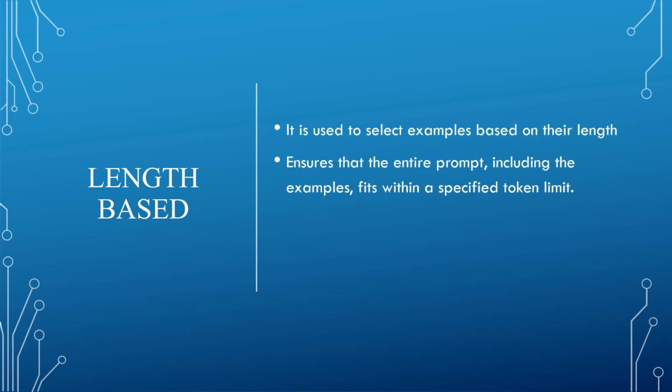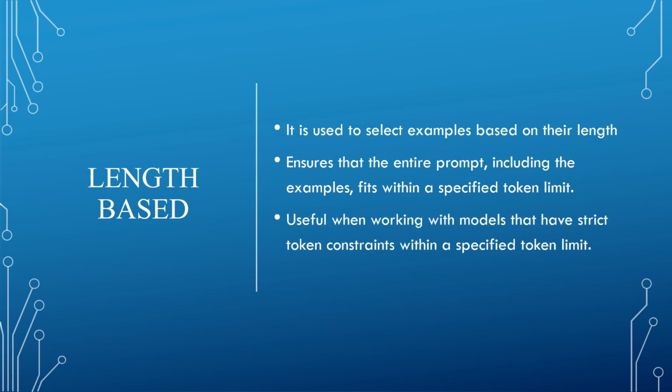The main goal is to ensure that the entire prompt, including the selected examples, fits within a specified token limit. This is particularly useful when working with models that have strict token constraints, such as those found in many language models. Why is this important?